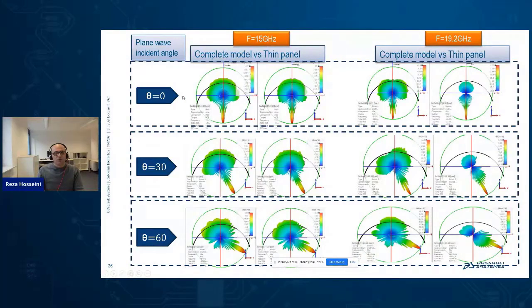For different angles in the notch band, the result is pretty much the same, not that different, although there are small differences. But when we compare it to the pass band, we can see that the SIMPanel results are quite different from what we get from the full geometry.